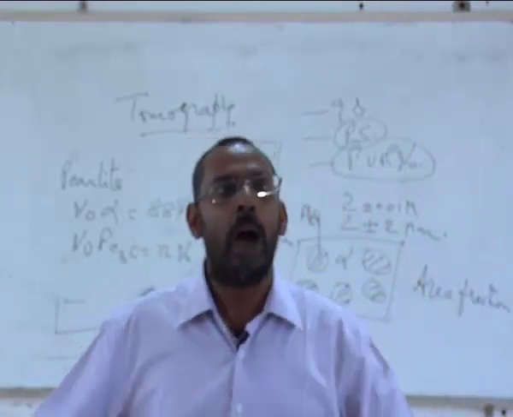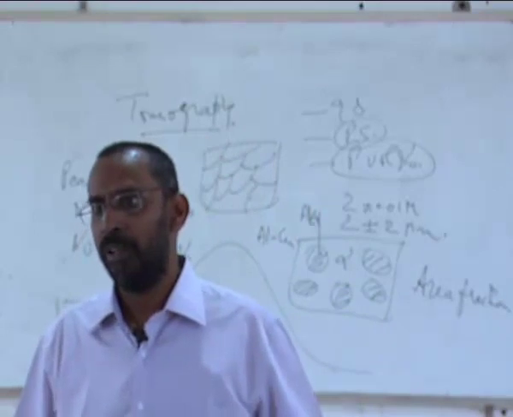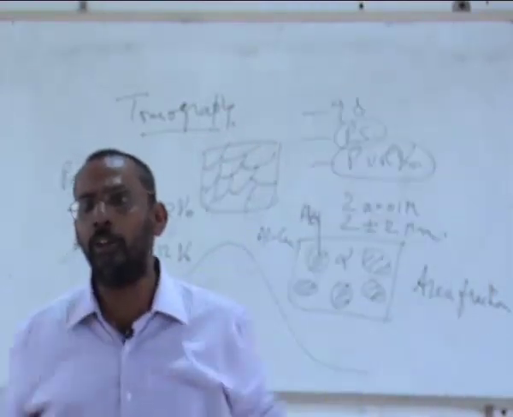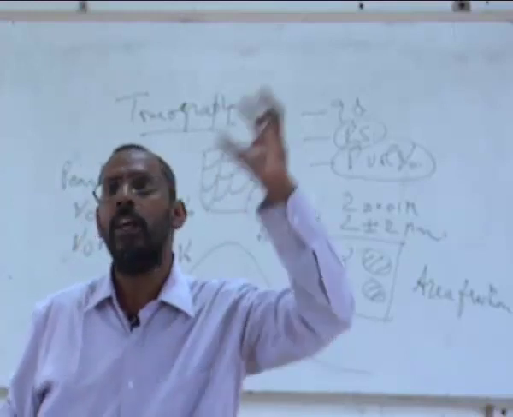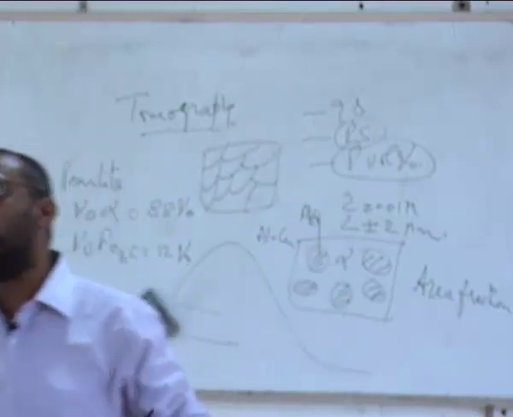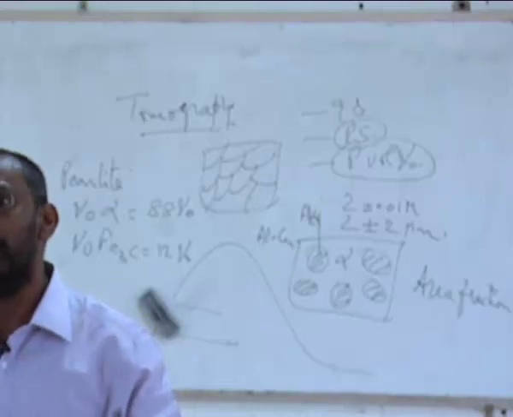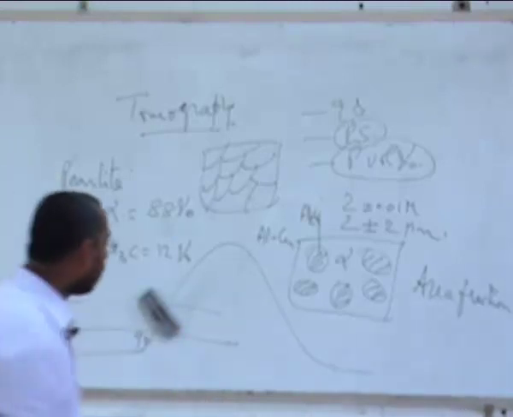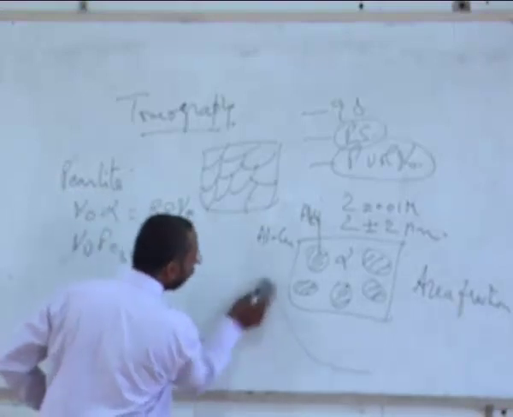But when I say amount of the phase, it is the total volume fraction, volume percentage in a given volume. How much volume is occupied by phase number 1 and how much volume is occupied by phase number 2 is what is called the fraction. And are these two connected? Yes, they are connected, because the whole lever rule comes from there.